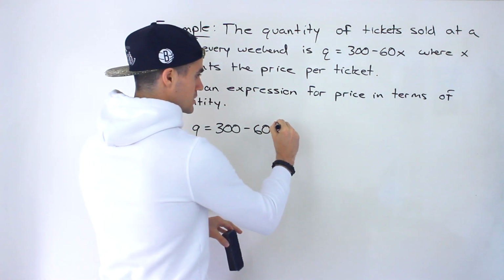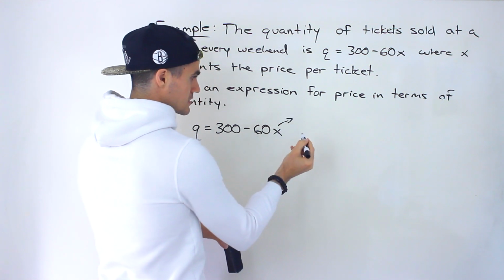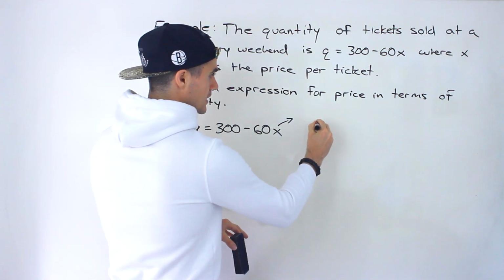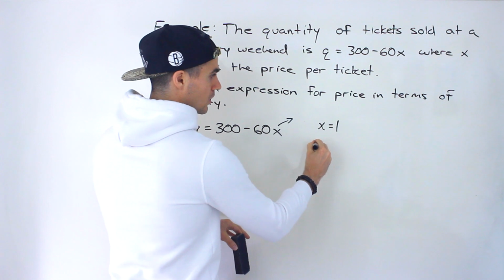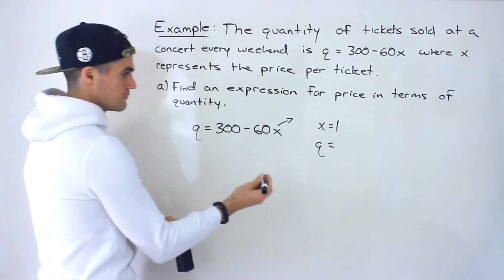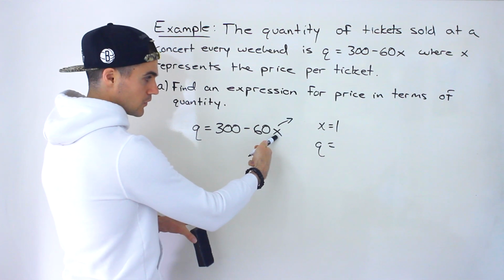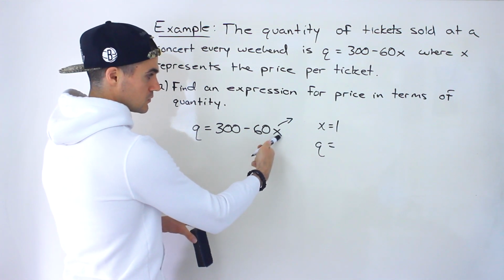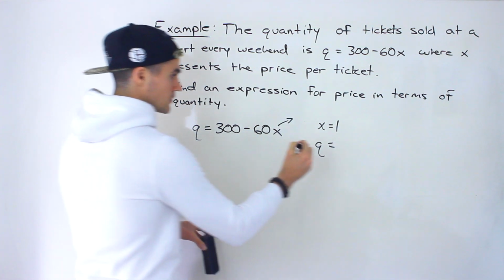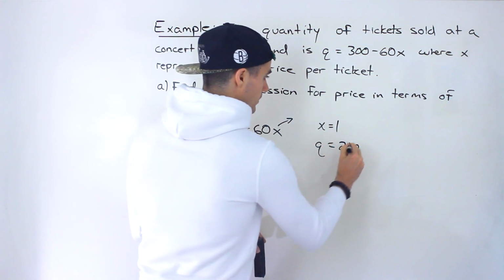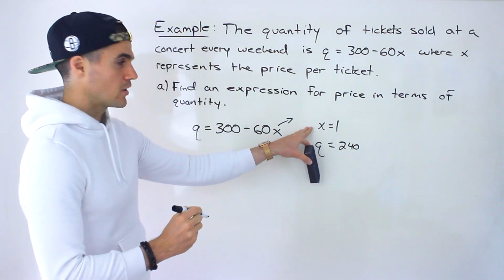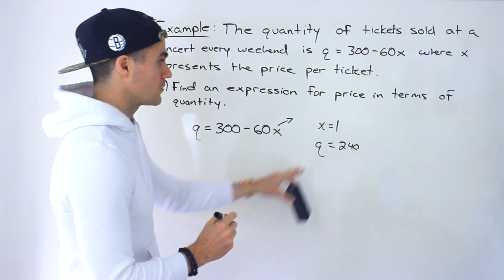Because if you start increasing the price, let's say that the ticket price is like $1. What's the quantity of people going to the concert then going to be? Well, if we plug in 1 over here, we'll have 60 times 1, which is 60. 300 minus 60 would give us 240.